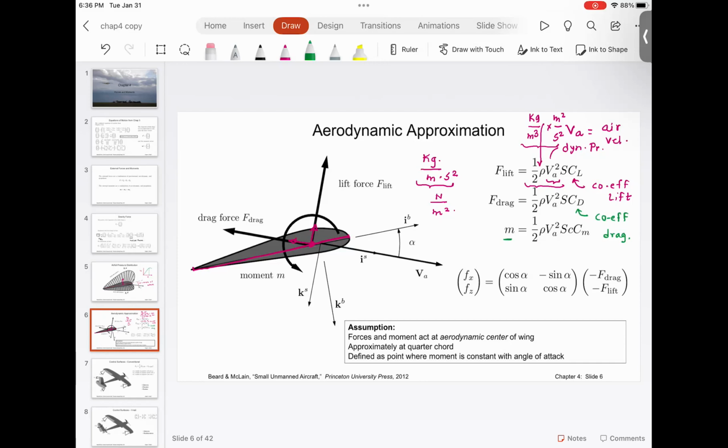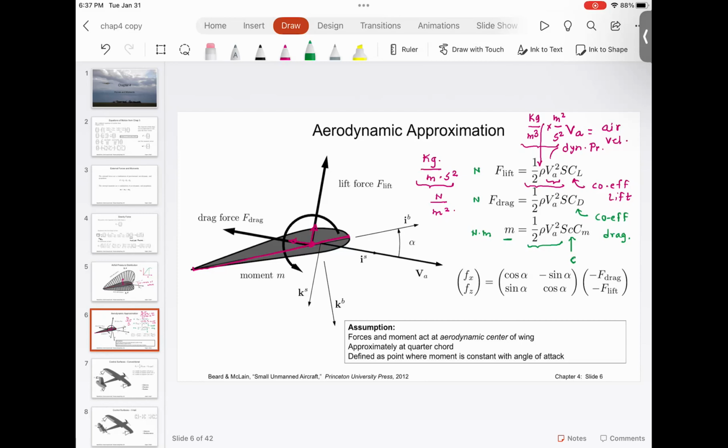This moment is given as 1/2 rho V square, but please understand that here you have this c that represents the length. So you have Cm, the coefficient of moment, multiplied by the dynamic pressure, multiplied by the area, multiplied by the chord length, and that gives you the moment. So lift is given in Newton, drag is given in Newton, and the moment is given in Newton meter. Everyone understood this?